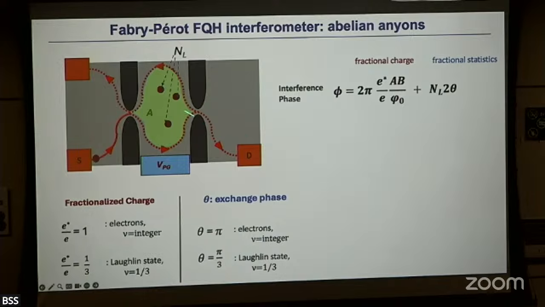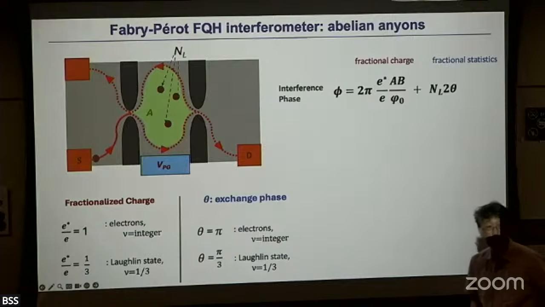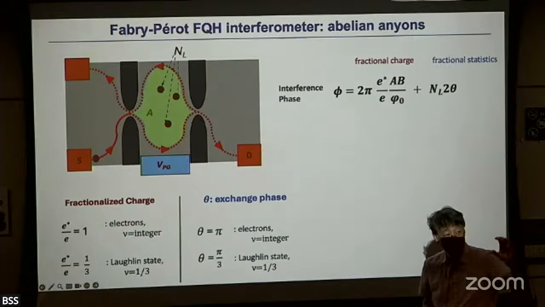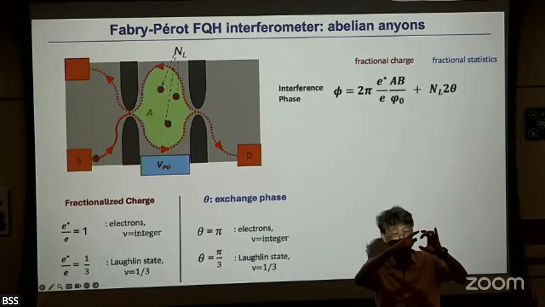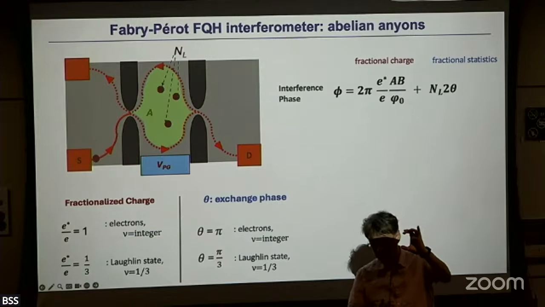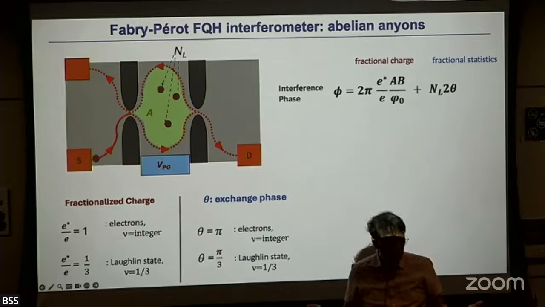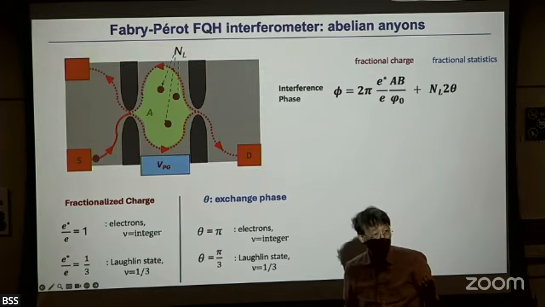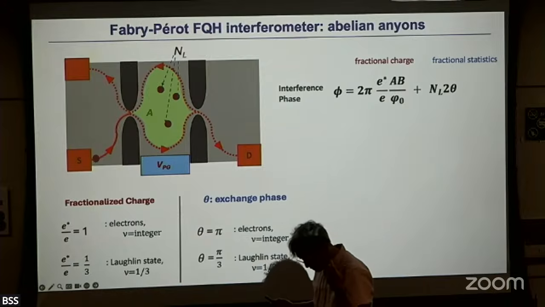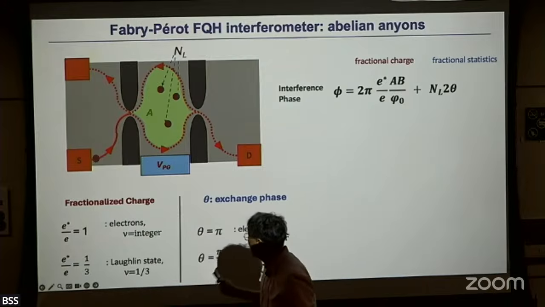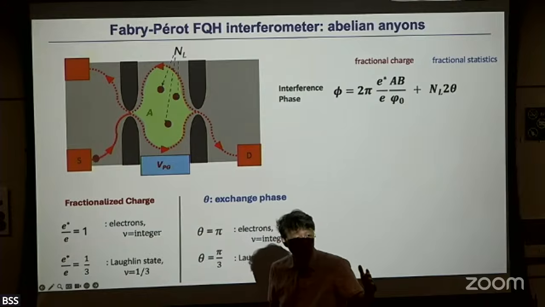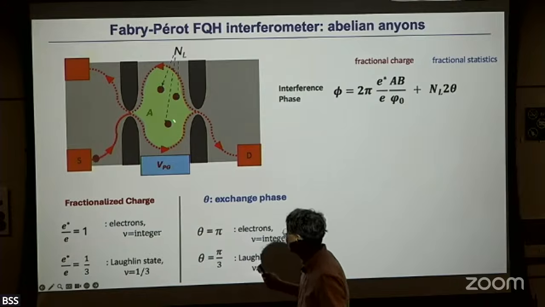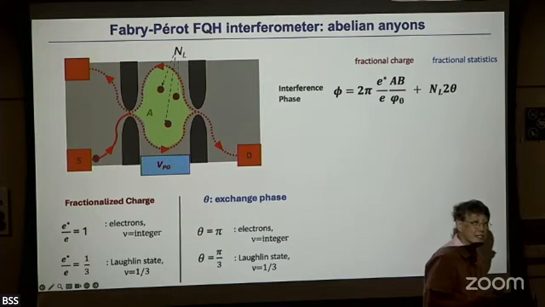Braiding statistics requires that we have some of these anyons occupied inside the cavity, right? For the integer state, I just showed the ring-like inner states. It's clear that I have the reservoirs there. For fractions, we don't have that, but the hope is there is enough number of anion sites, and as we sweep through our gate, this anion site gets trapped, occupied, and we should be able to see the phase slip.